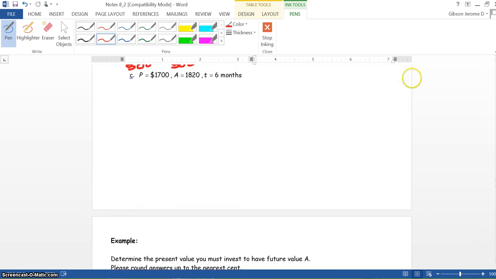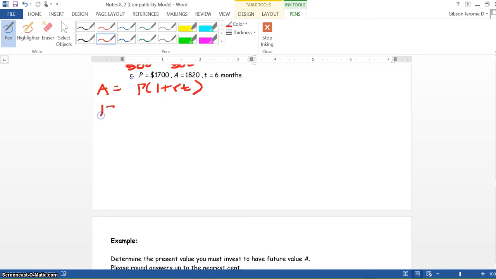Okay, now we come to the next problem. We have P is equal to 1700, A is 1820, and T is 6 months. So we do the same process. We have A is equal to P times 1 plus RT.